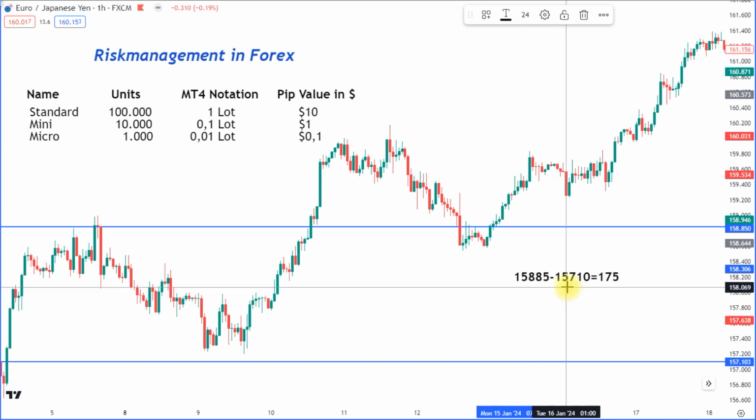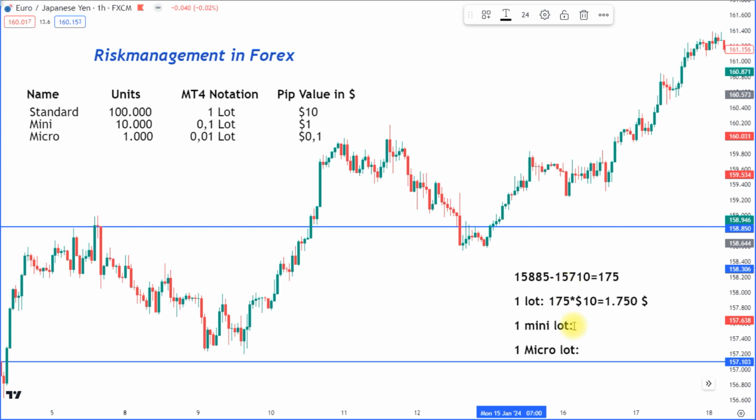So this means for us, if we are trading 1 lot, this means 175 times $10, which is a risk of $1,750 for 1 lot. So 1 mini lot would be 175 times $1. Easy calculation. This would be $175.